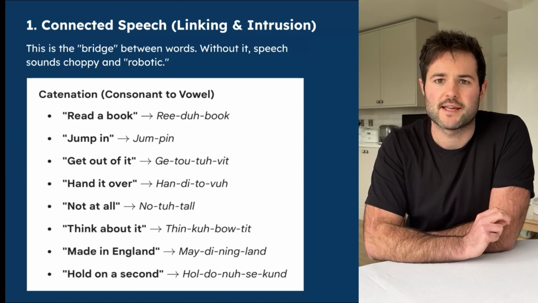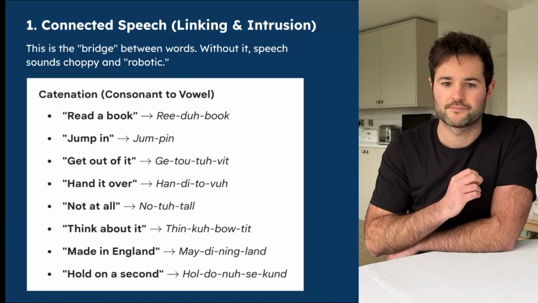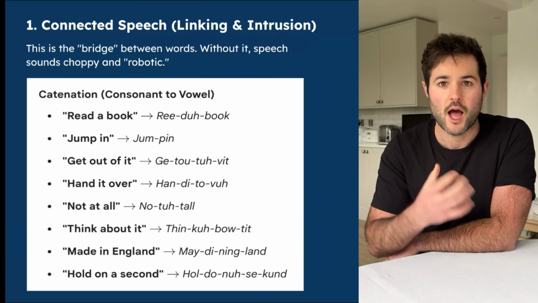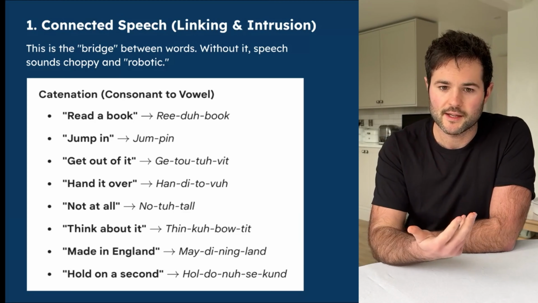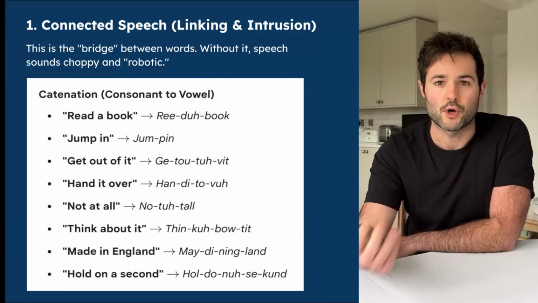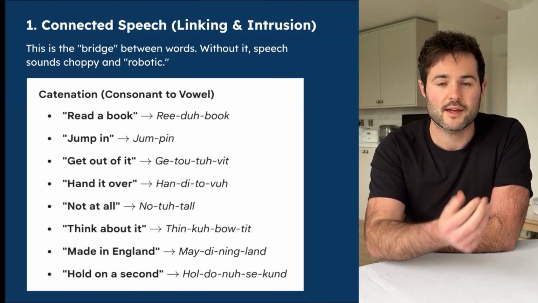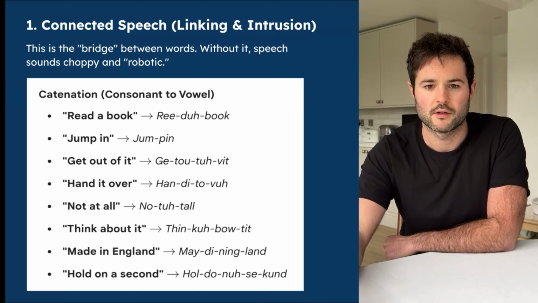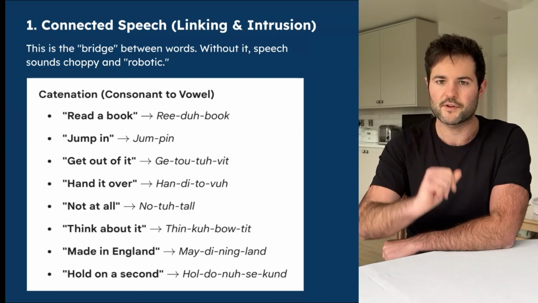The first phrase is read a book. But when people are speaking fluently, they say read a book. After this podcast, I'm going to read a book. That's the first one.